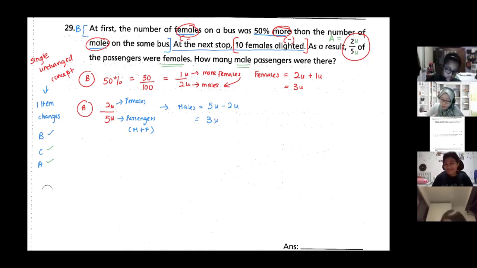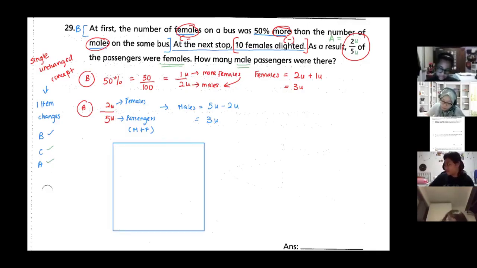What do I do next? I draw out my box and cut it up into half. I label it female and male.